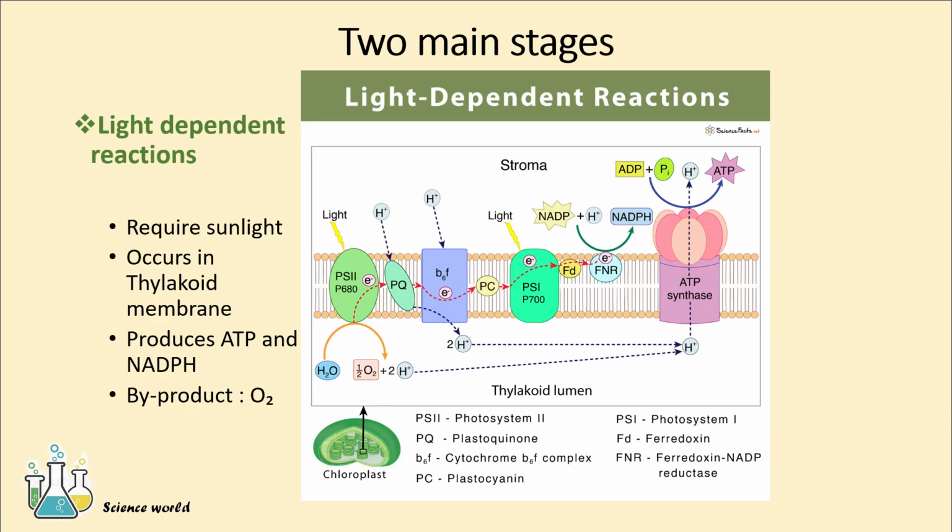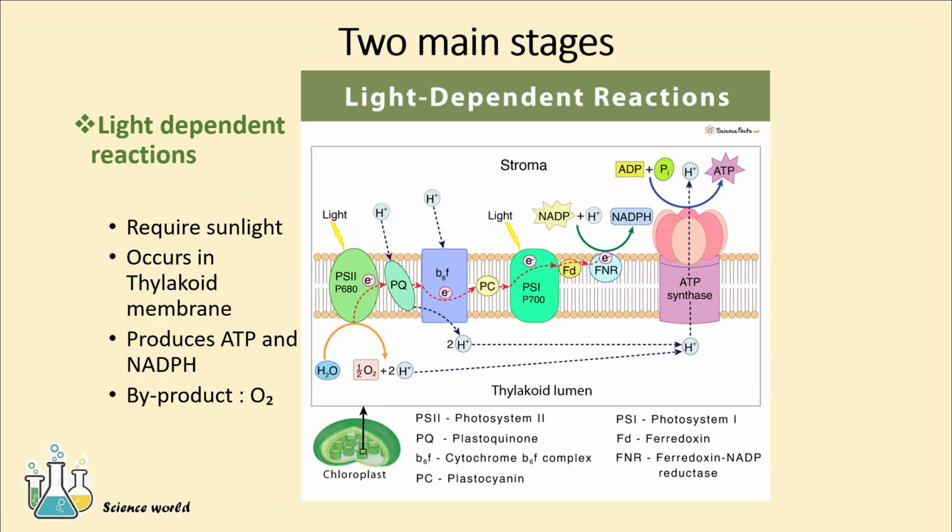So here NADPH is formed, and in the stroma of the chloroplast, adenosine diphosphate molecules capture H plus ions coming from the thylakoid lumen and another phosphate and become adenosine triphosphate, which is known as ATP.